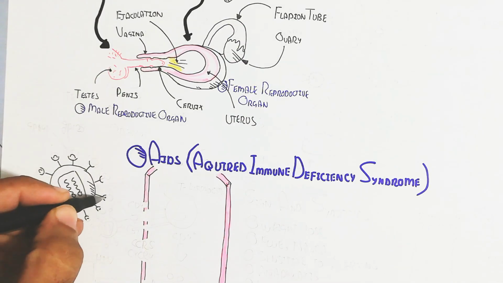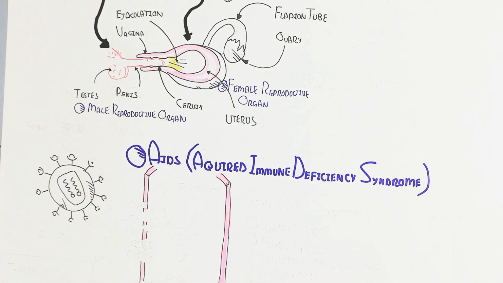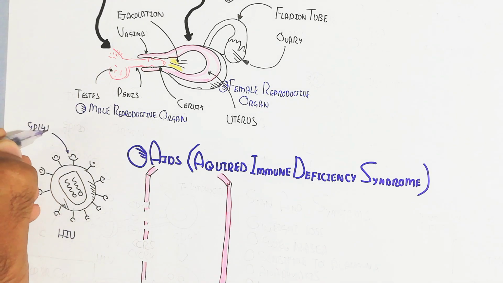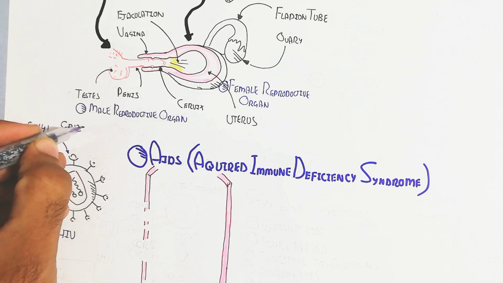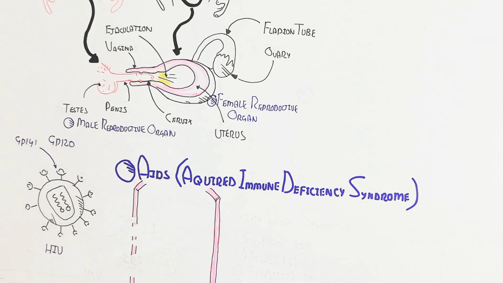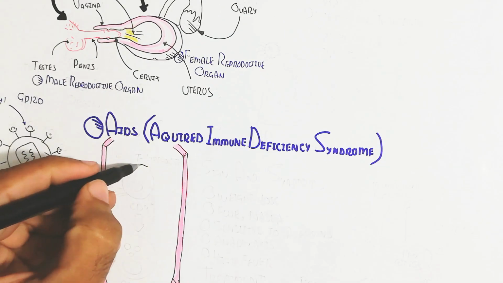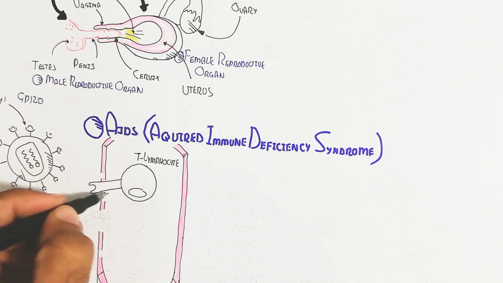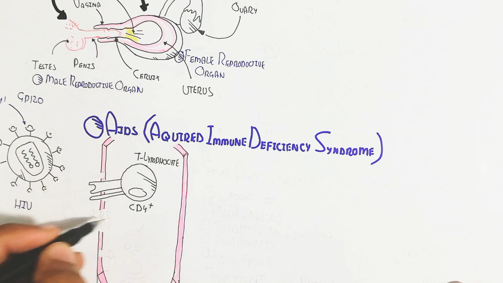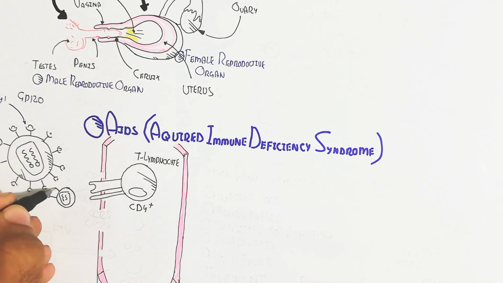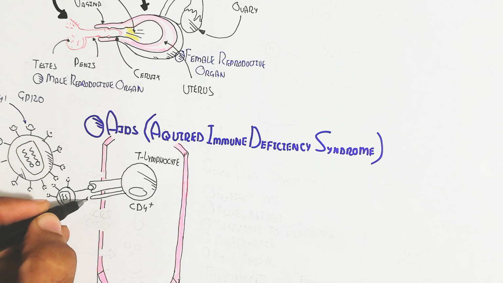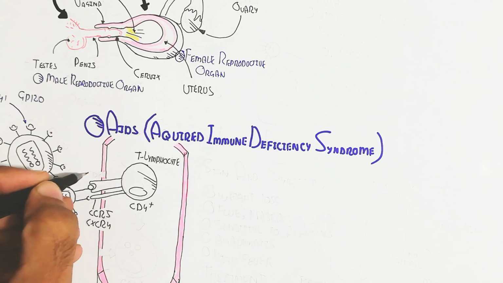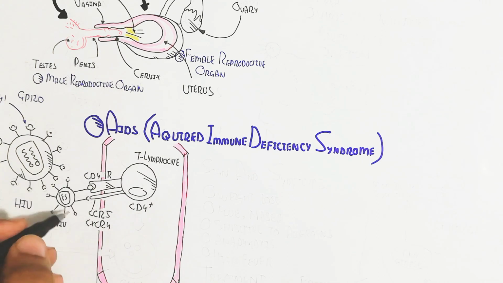In this case, the HIV virus contains GP41 and GP120 proteins, called the spike protein. The spike protein is specific for the T lymphocyte, especially the CD4 positive T lymphocyte, the T helper cell, which contains the CD4 receptor and the CCR5 and CXCR4 that recognize and unlock the invasion of HIV into the CD4.